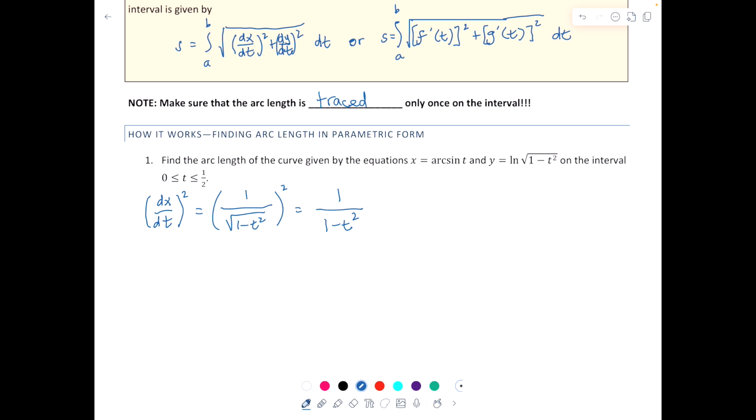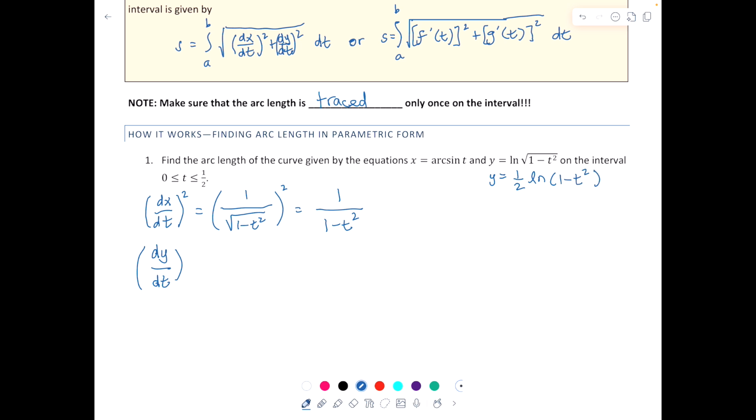And then dy/dt, the quantity squared, I can rewrite y as 1/2 times natural log of 1 minus t squared.